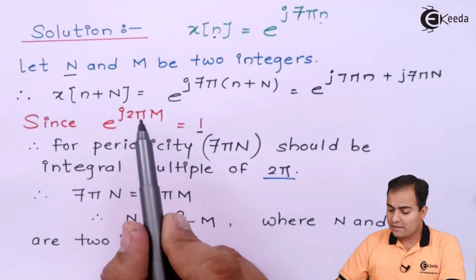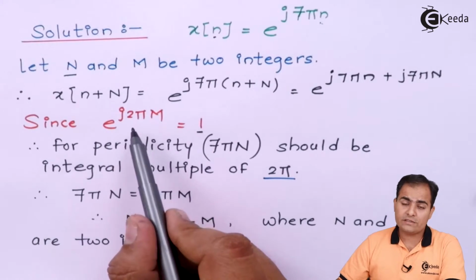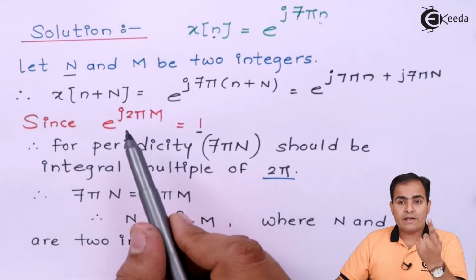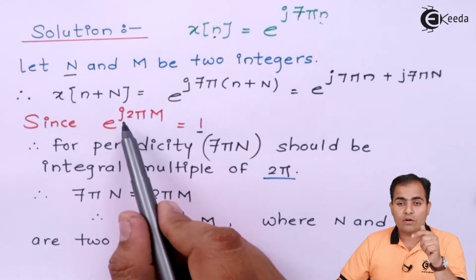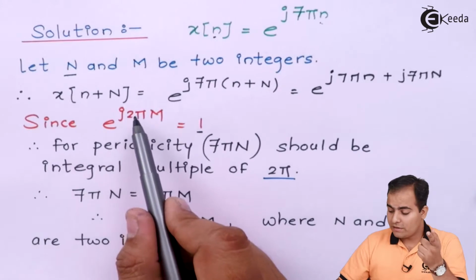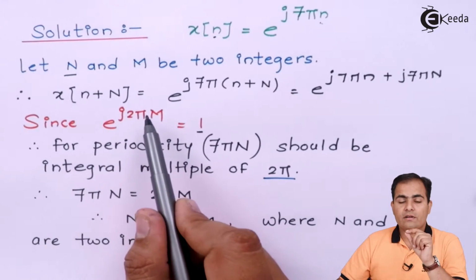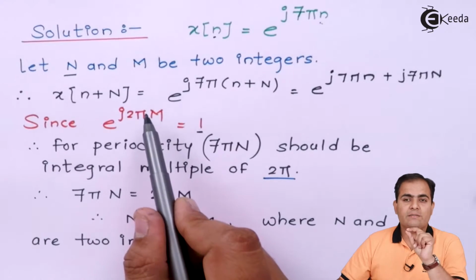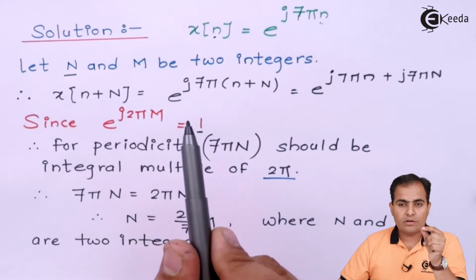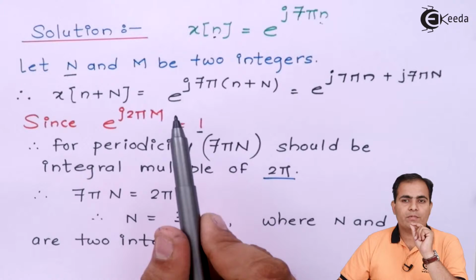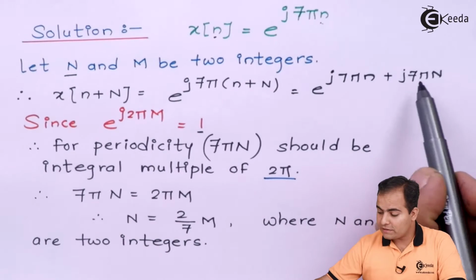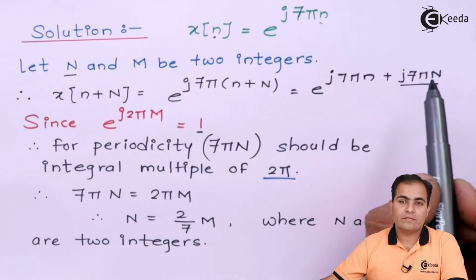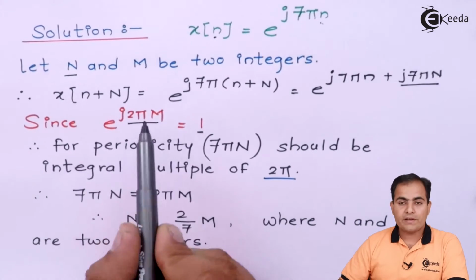Now this whole exponential function can be periodic if and only if the power of e should be an integer multiple of 2 pi. So I am going to compare the e to the power j 7 pi N with 2 pi m.